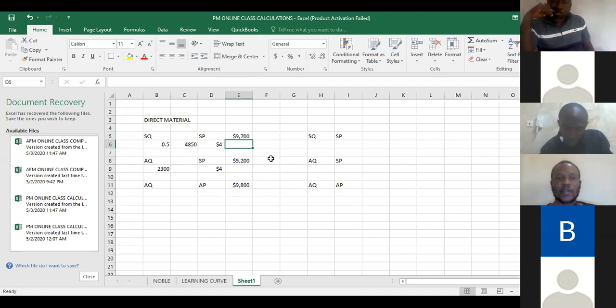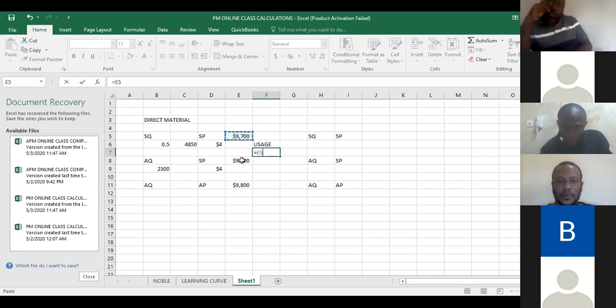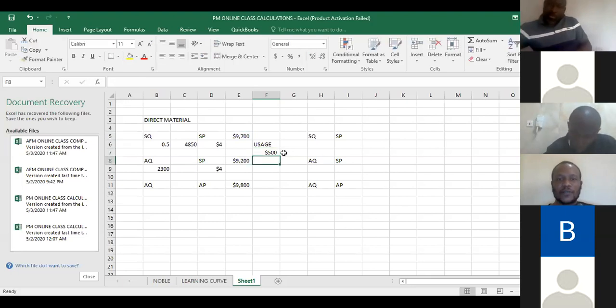So first of all, what is my usage variance? Usage is on top. The usage variance will be equal to top minus bottom, right? So that's 500, and I can write 500. Please don't forget to write favorable because it is positive.